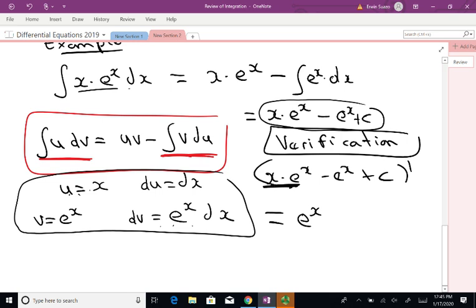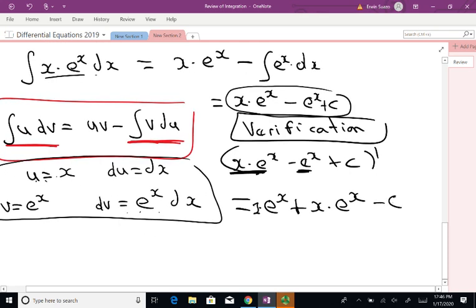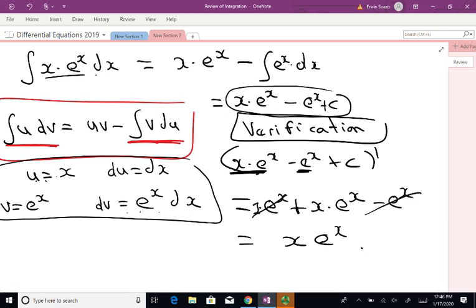We have the derivative of the first one, 1, times the second without derivative, plus the first one without derivative times the derivative of the second one. The derivative of e to the x is e to the x. Minus the derivative of the second one. Oh, I'm sorry. What is the derivative of e to the x? e to the x. The derivative of the constant is 0. So this cancels with this guy, and I got x e to the x. So is it correct or not? Yes. And that's why calculus is so valuable.